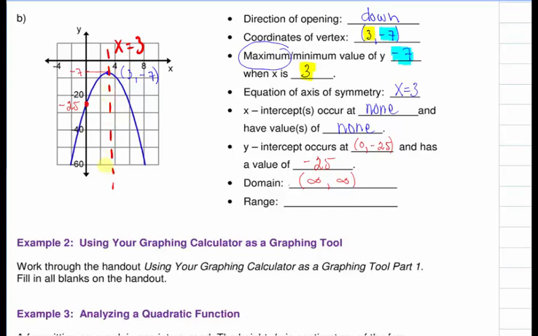So our range goes from negative infinity to -7, or if you use set notation, you can write the set of y such that y is less than or equal to -7, where y belongs to the set of real numbers. And that concludes example 1.